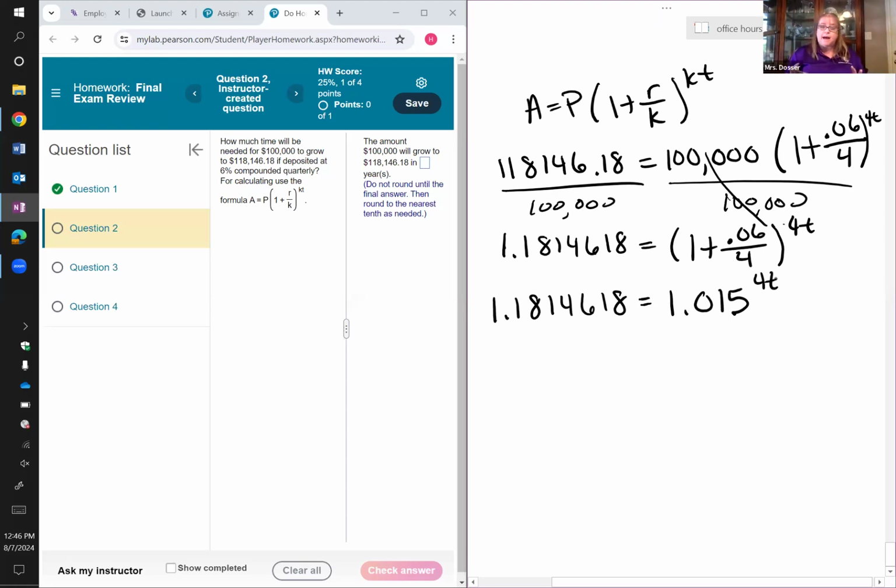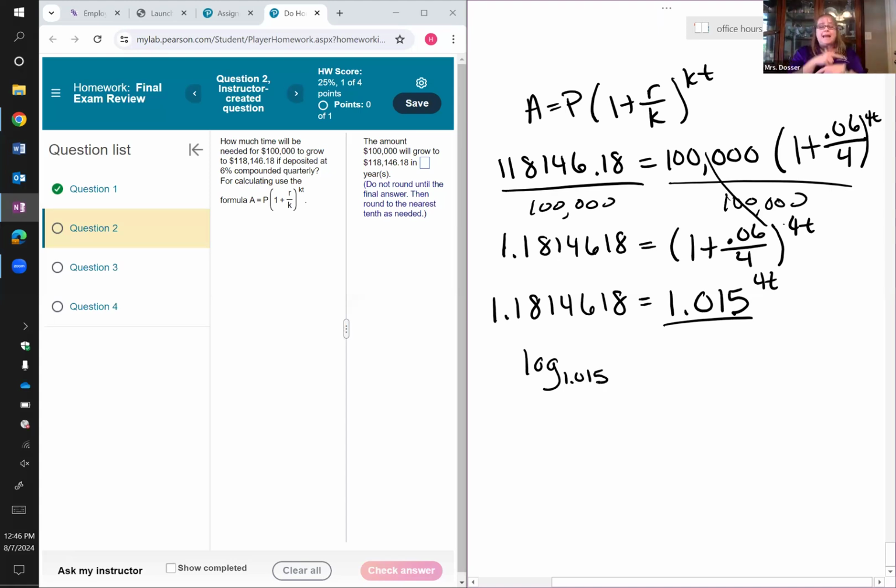So now we've simplified and we've got an exponential where a base raised to a power is equal to a number. And we solve an exponential by rewriting it as a log. When we rewrite it as a log, remember, the base is going to stay the same. Because the base of my exponential is 1.015, that becomes the base of my log, 1.015.